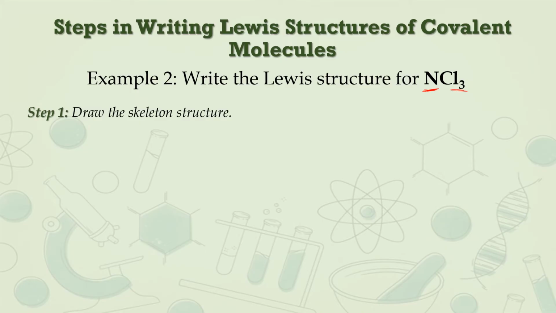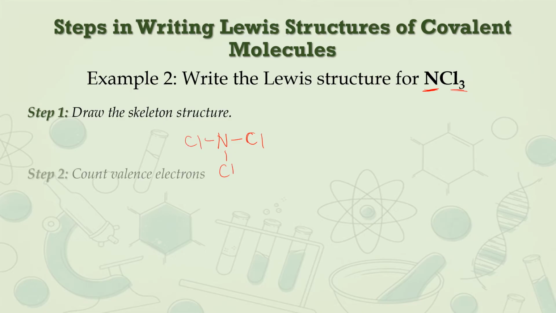Another determiner of the central atom is electronegativity. The least electronegative among the elements in the chemical formula will be the central atom. So for this NCl3, the skeleton structure is N with 3 attached chlorine around it.